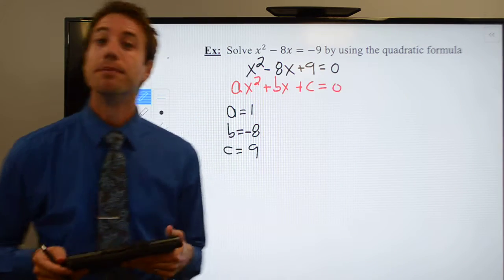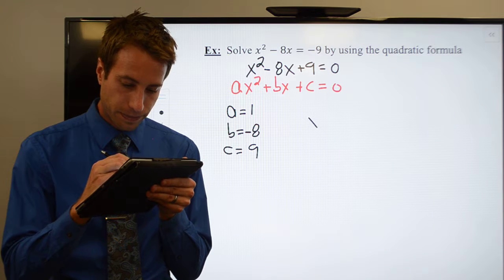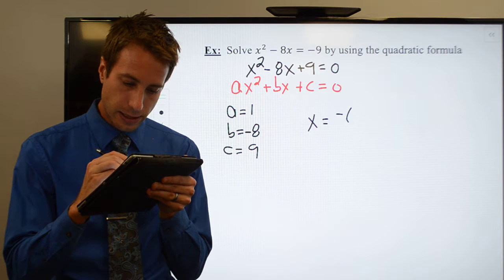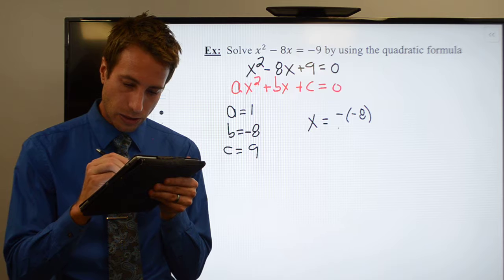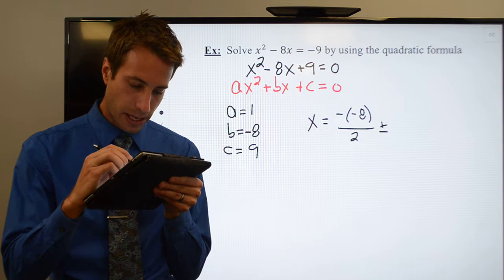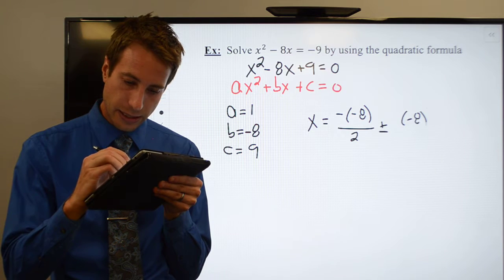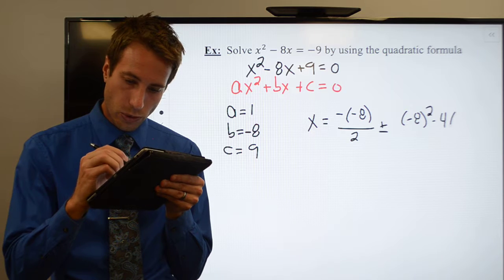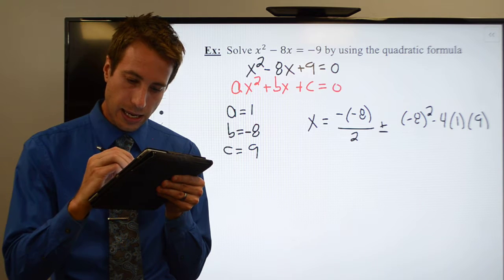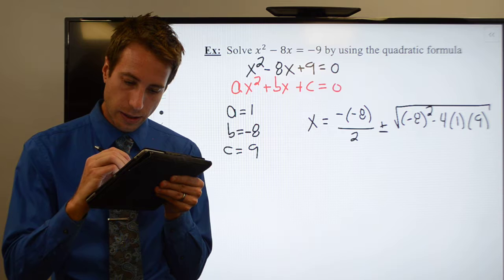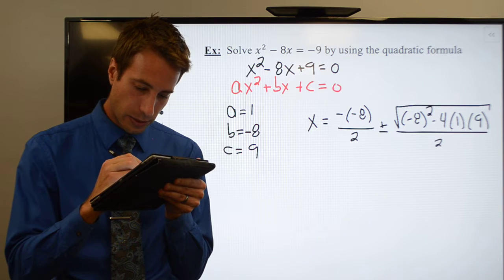Yep, you guessed it. Plug and chug. Minus a negative 8, all divided by 2, plus or minus a negative 8 squared, minus 4 times 1 times 9, all over 2.